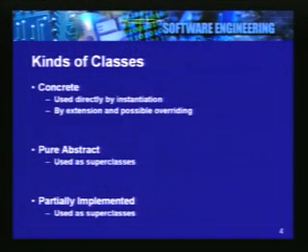Concrete classes directly come forward from the application domain. Pure abstract classes come forward when we want to organize the classes into hierarchies which exhibit common behavior. So, the superclass provides you the common abstraction. Partially implemented classes are very useful when you design frameworks.